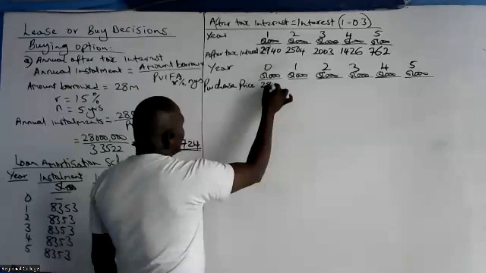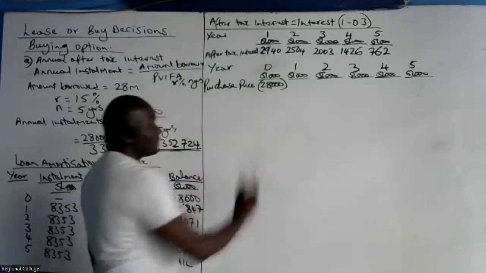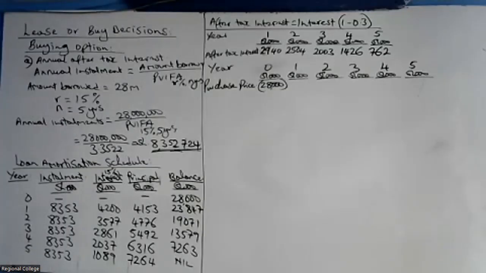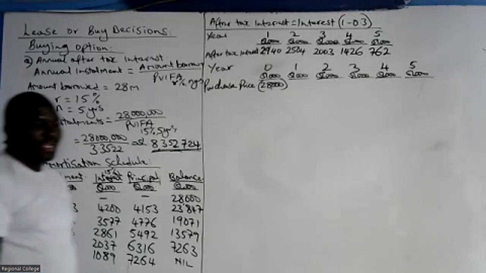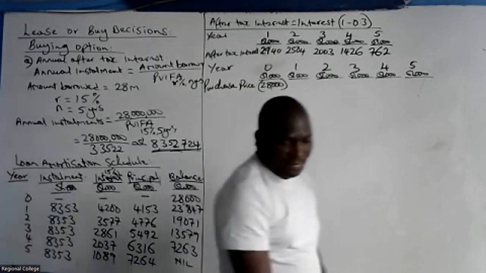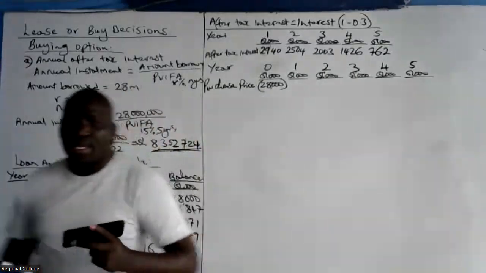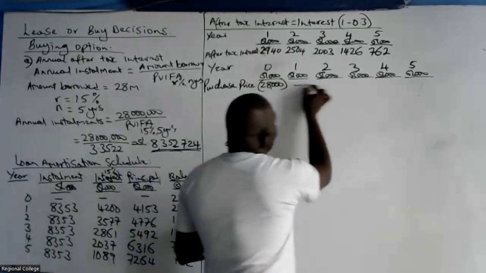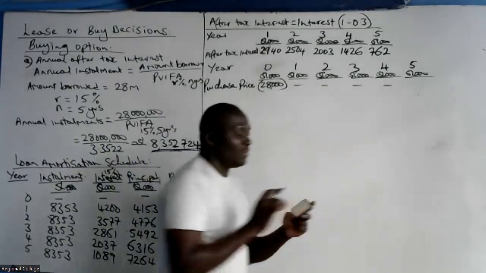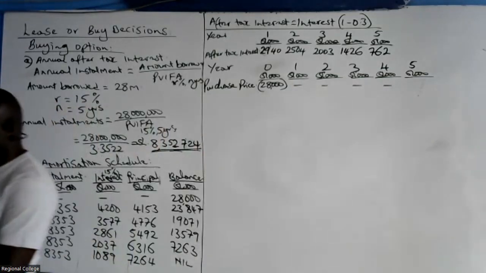I think 28,000. Yes, we shall spend the 28,000. Cash is going out in year 0. Does it have any salvage value? Yes. Naweza iweka baadaye, although naweza nikaamua nicheze nayo na niweke hapa salvage value after 5 years.